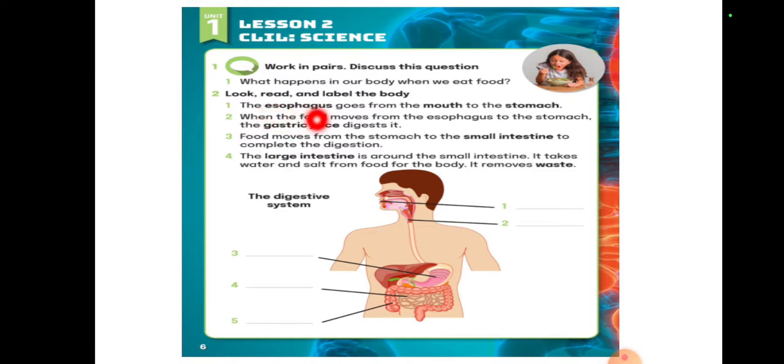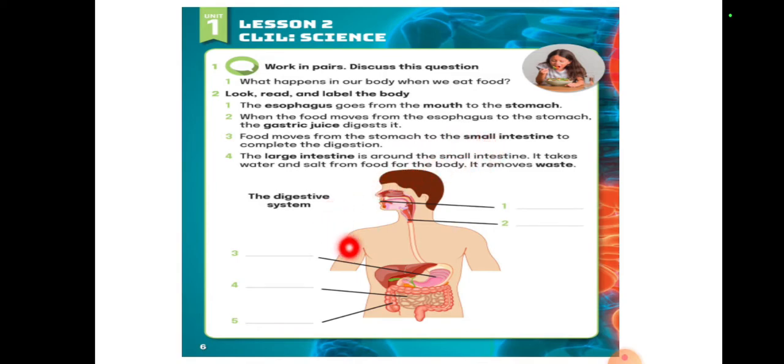The esophagus goes from the mouth to the stomach. Number 2. When the food moves from the esophagus to the stomach, the gastric juice digests it.